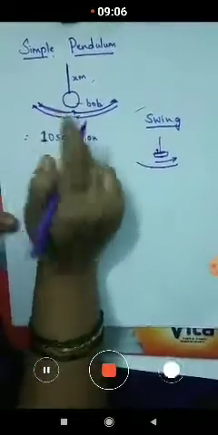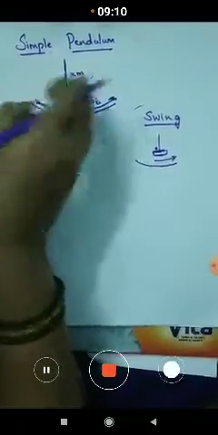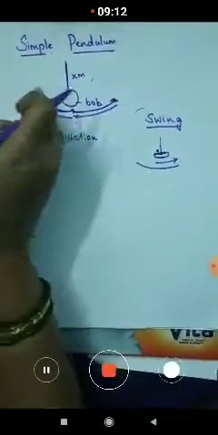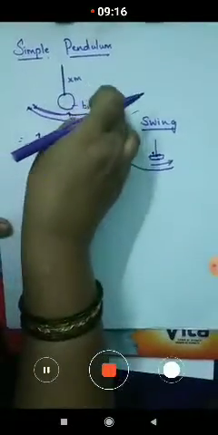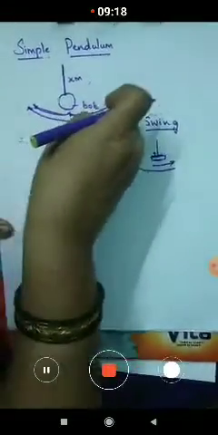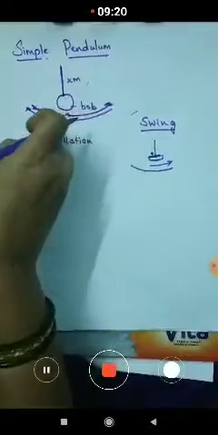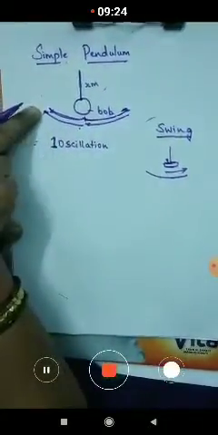Yes, everyone understood, children? What is this? When we give the push, the bob moves backwards, comes to the center and then moves forwards, again comes back in the reverse direction to the center and to the original position.